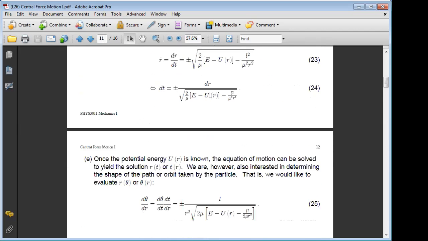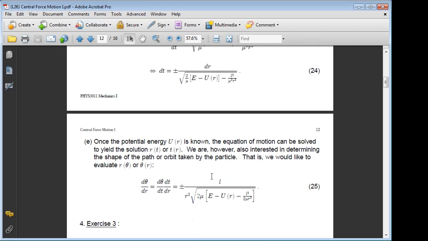So we can rewrite this expression, R as a function of t, as R as a function of theta, all right?